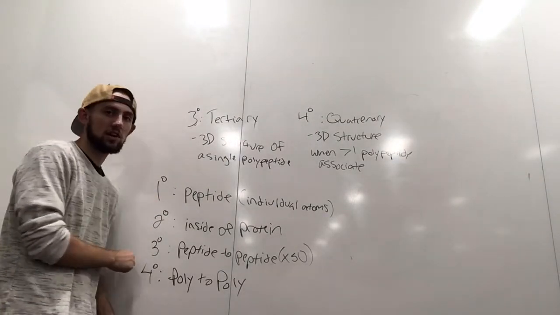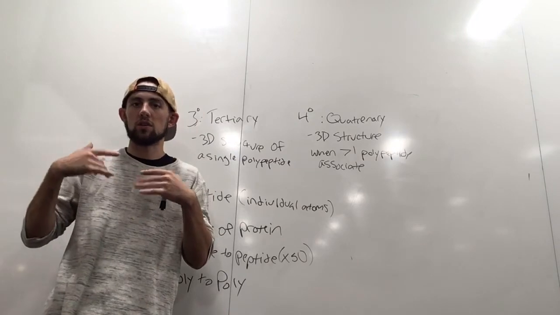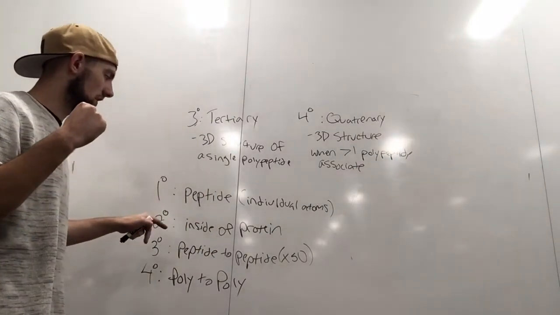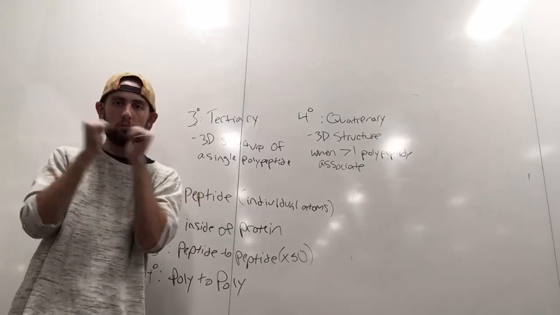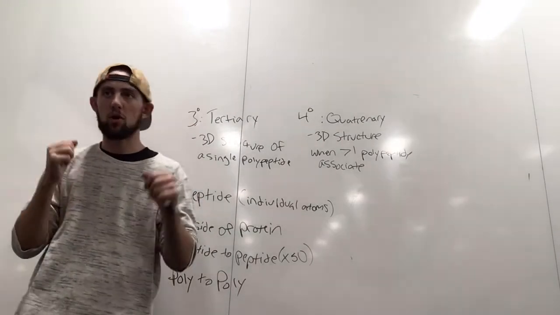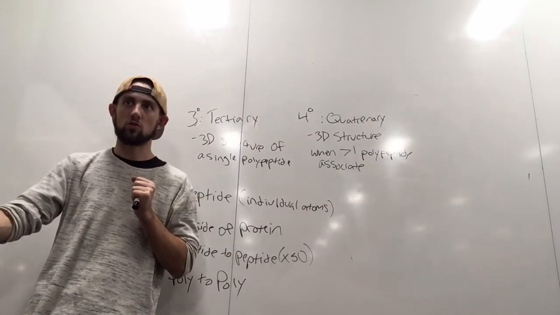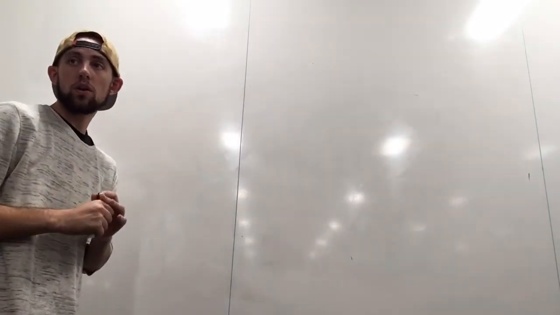The tertiary level, now that we've formed an amino acid, is amino acid to amino acid in order to form one polypeptide. And then finally, quaternary is polypeptide associating with polypeptide. Let's draw out a quaternary level of protein.